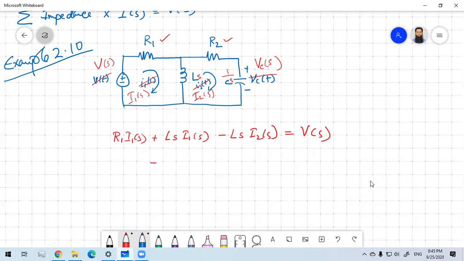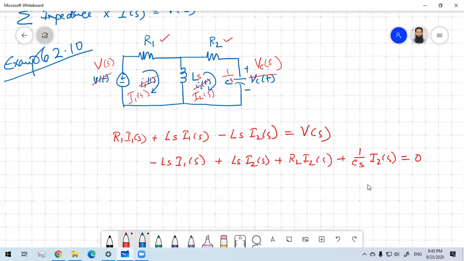So minus Ls I1(s), then you have plus Ls I2(s). Then you have a drop across R2, so plus R2 I2(s), and plus 1 by Cs I2(s). There is no voltage source, so it should be equal to 0.